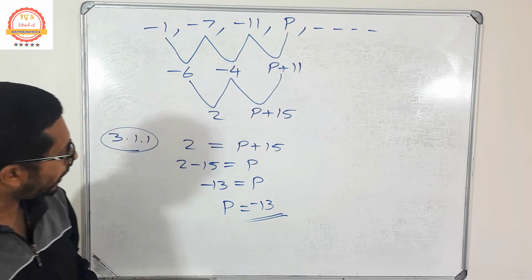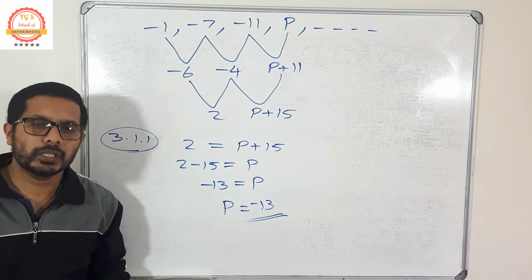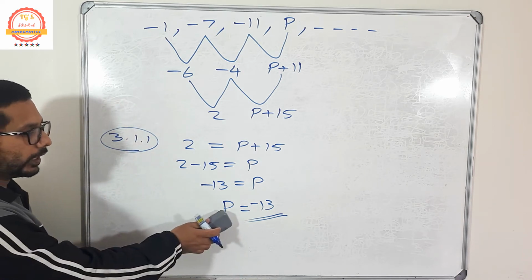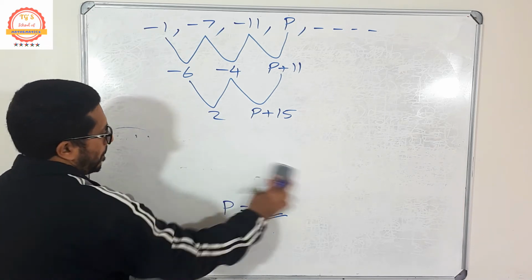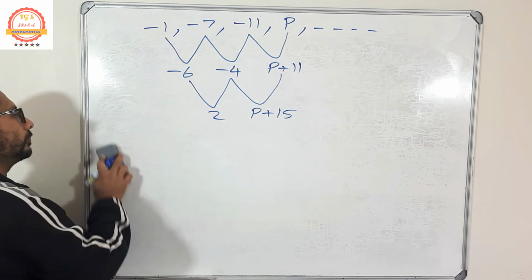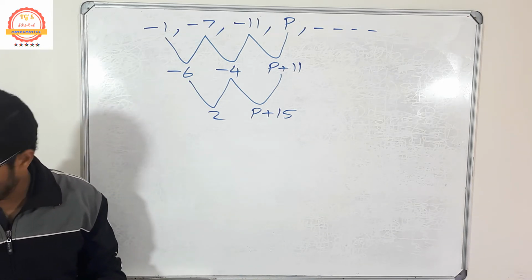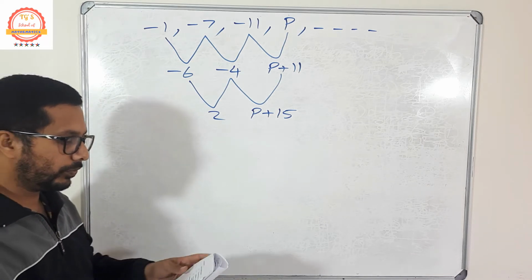Okay, now let's go to the next question, question number 3.1.2. Don't forget that the value of p is -13. What is the next question, guys? Determine the nth term of the sequence.